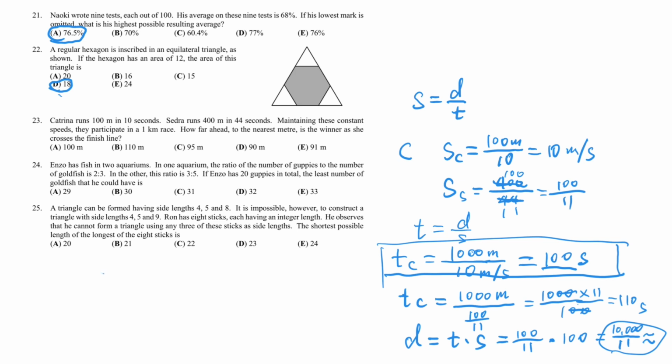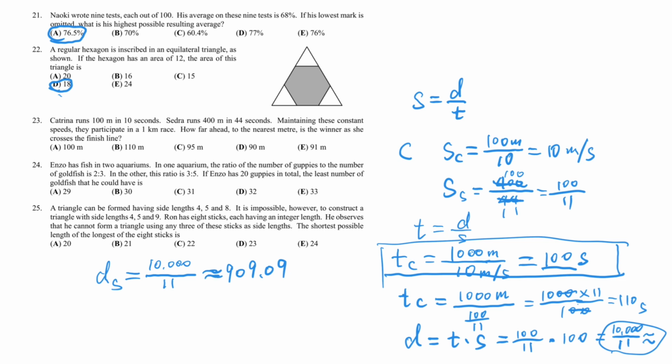So the distance of Sandra in 100 seconds is 10,000 over 11, that's 909.09, so close to 909.